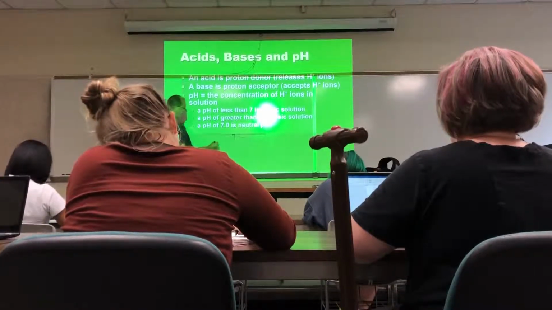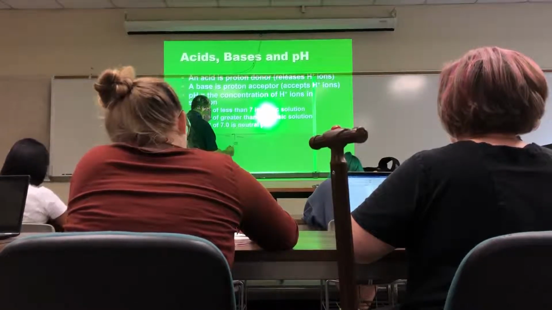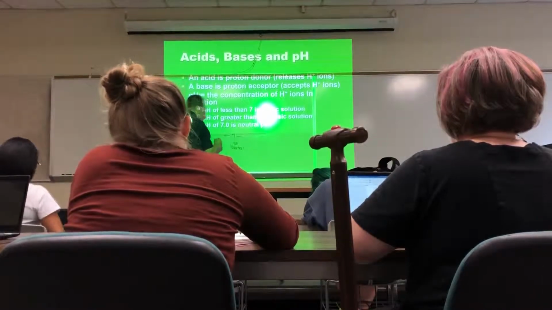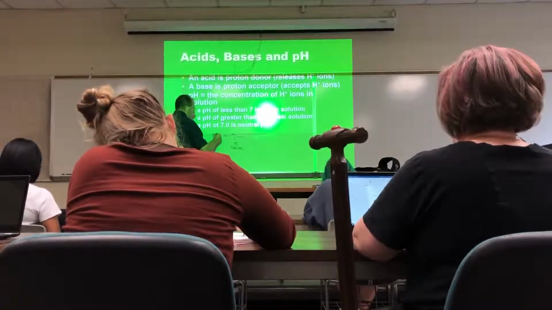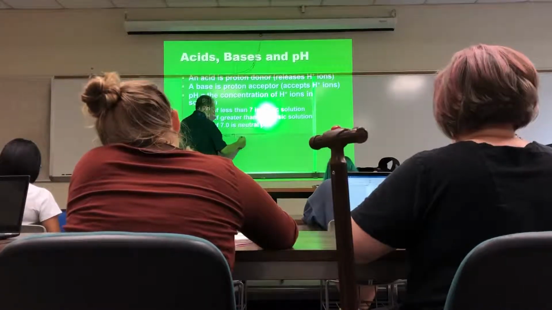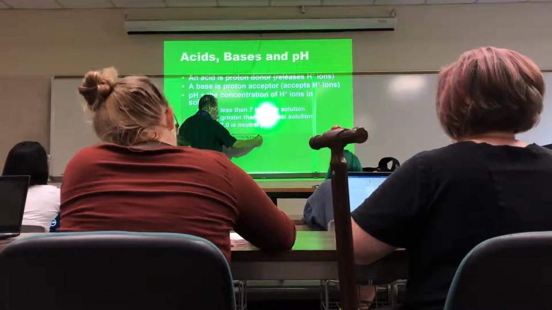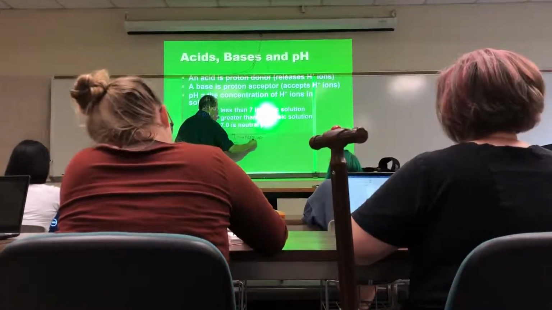So I think 7 is a good place to start. I would say that 7 is neutral, and below 7 is acidic, and above 7 is alkaline, or sometimes referred to as being basic.